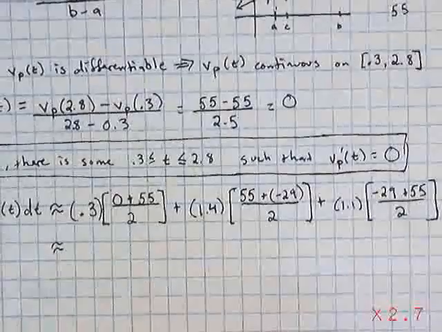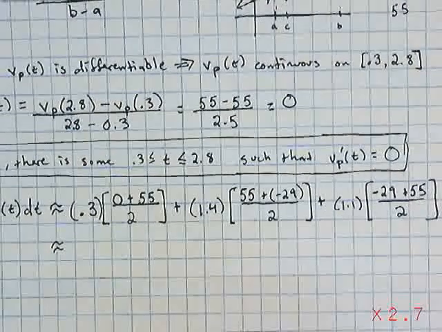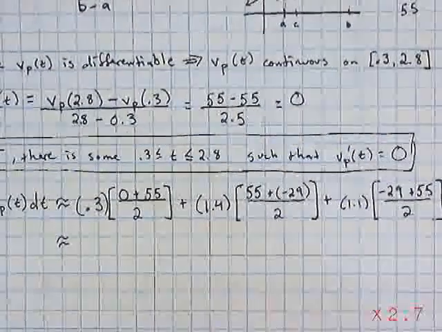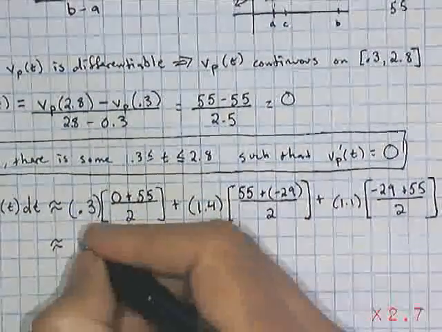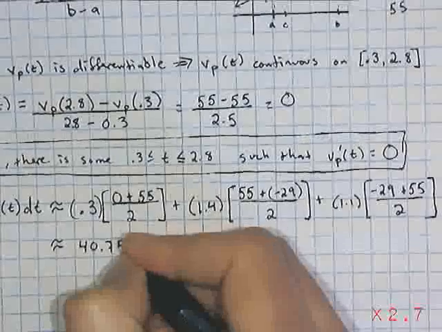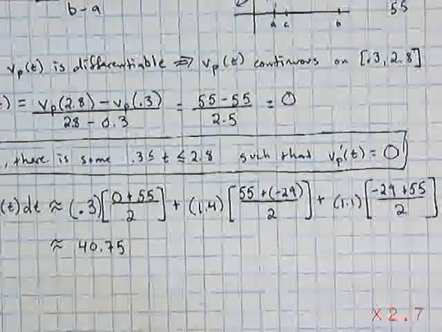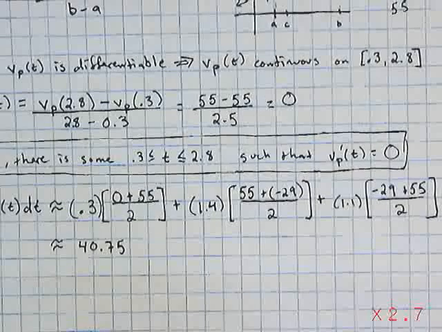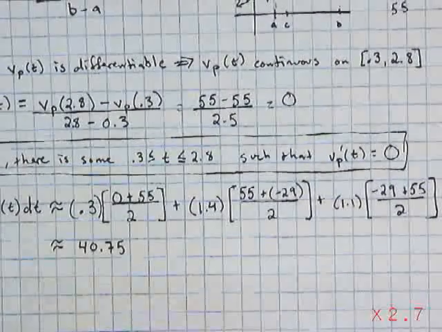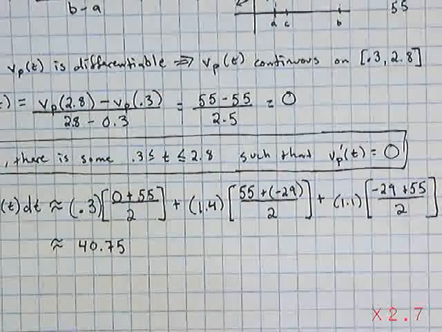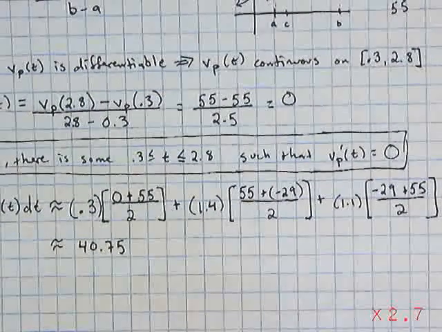And if you do that, you end up with a value of 40.75. Now, it didn't ask for units, it just asks for a Riemann sum, which can kind of by nature be unitless.